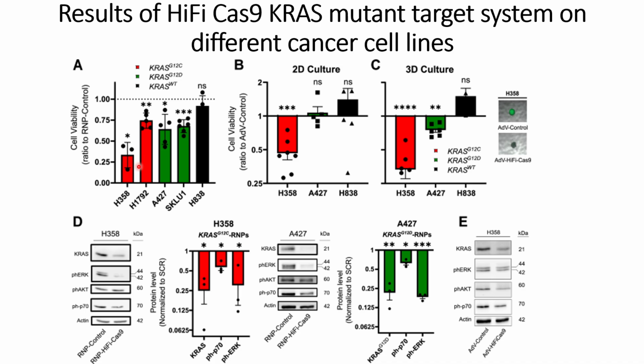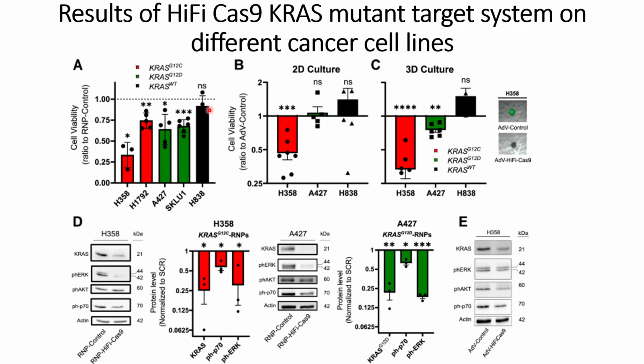When they culture them with this RNP that contains the guide to target the KRAS mutant, the ratio is shown compared to the control. They see a significant decrease where the KRAS mutants are present, compared to the case where wild type KRAS is present.